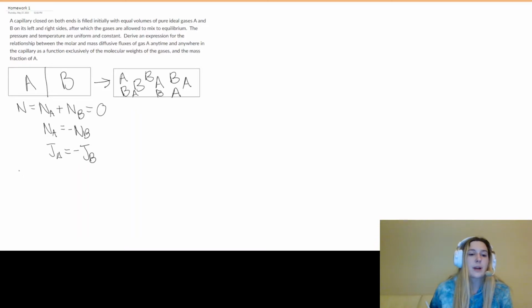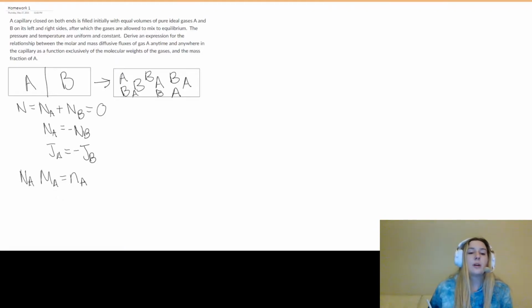And then also, something that I wanted to bring up is, if we want to find the relationship between the molar flux of A and the mass flux of A, not capital N, my bad, which is represented by lowercase n, the mass flux, we know that to get from moles to mass, you can just multiply by the molecular weight.